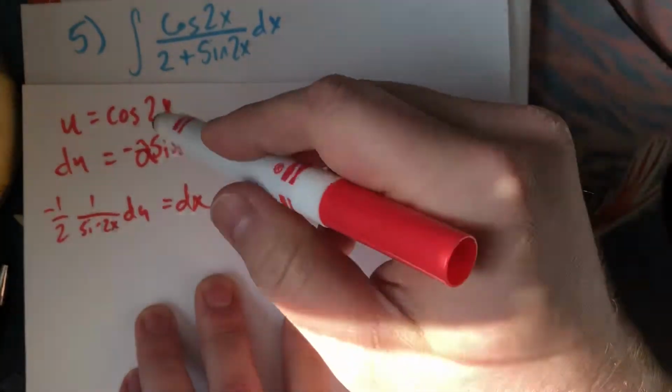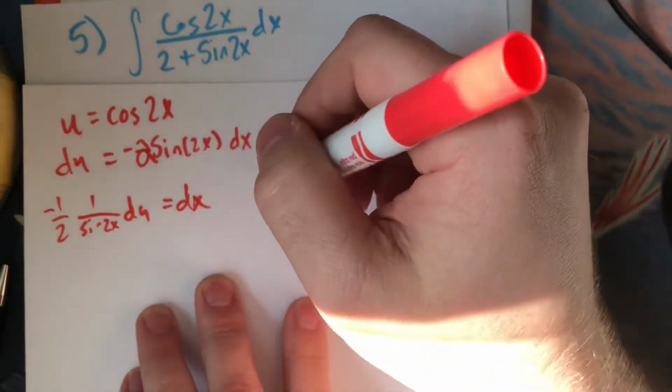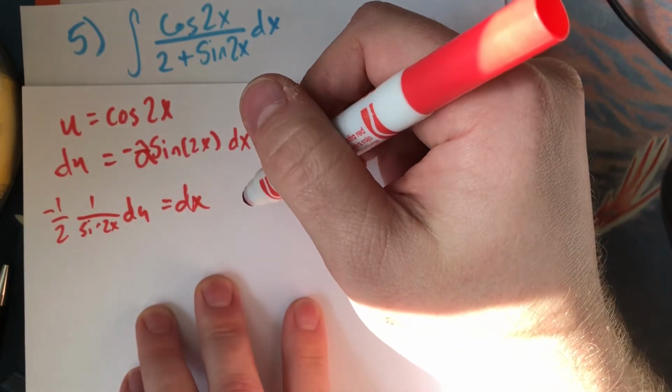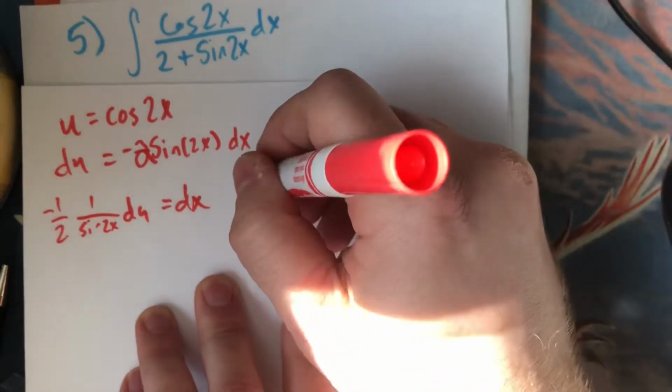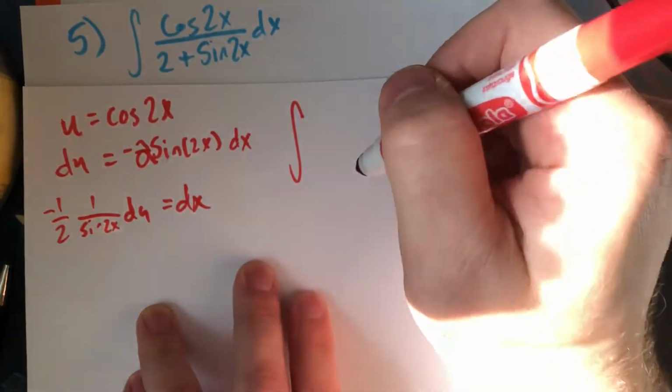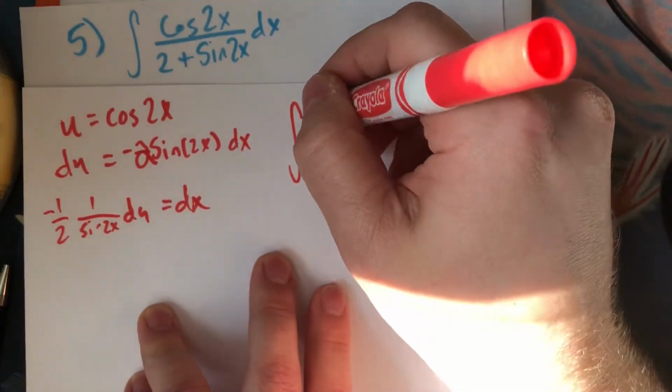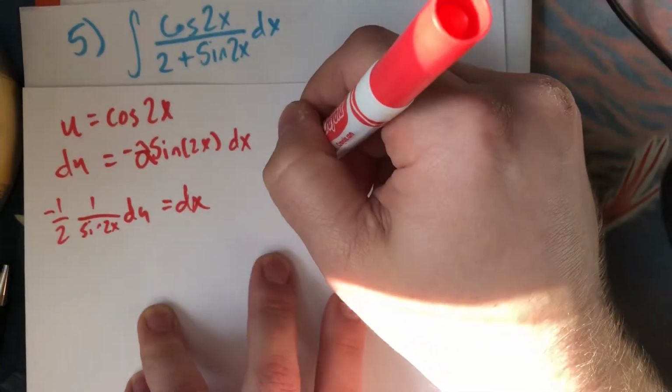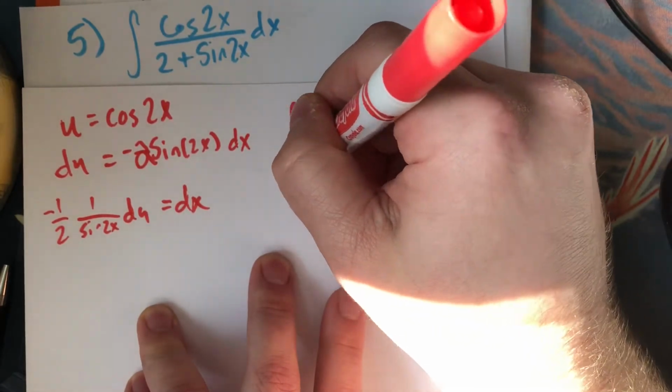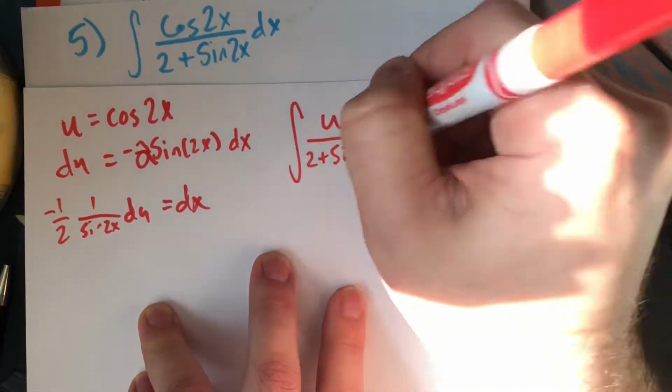So I'm scratching a little bit just because I'm trying to get through this quickly. When I drop stuff back in, we'll get the top's a u, that's nice. The bottom is going to be 2 plus sine 2x, nothing's happening there yet.